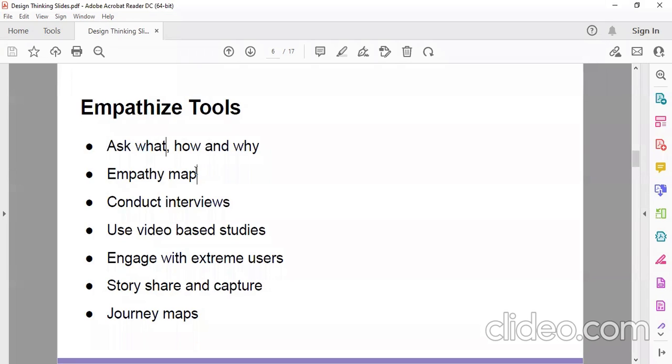Then the second tool is empathy map. Then conducting interviews. Conducting interviews is the easiest thing, right? You have gone through several interviews and you might have an idea on it.